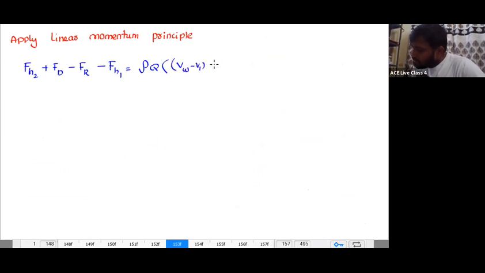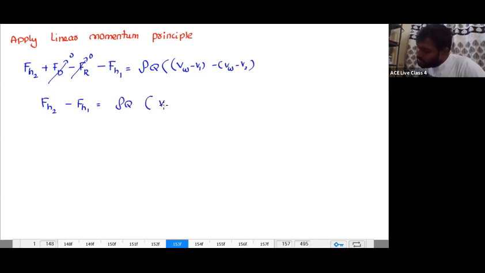FD is 0 and FR is also going to be 0. And FH2 minus FH1 is equal to rho Q into VW minus VW gets cancelled, then V2 minus V1.